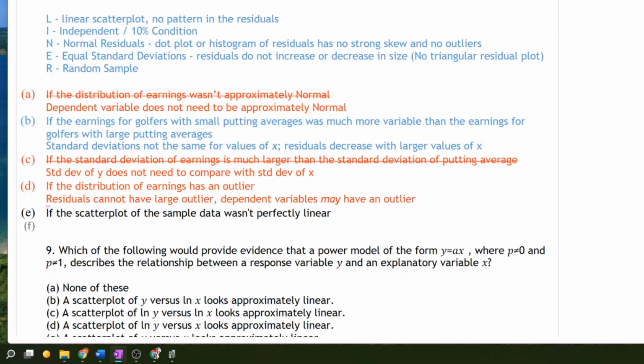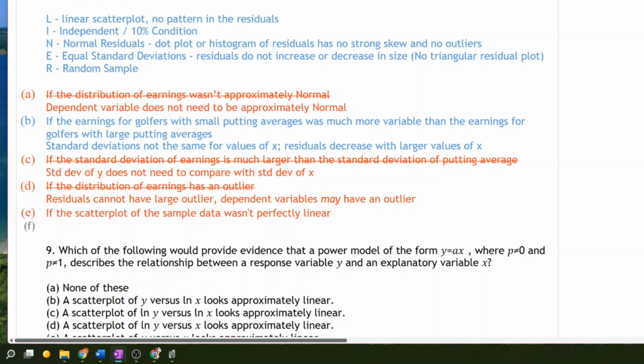So it's possible that you'll have a dependent variable that's either way too large or way too small, especially if you're comparing the dependent variable with other values of the dependent variable.